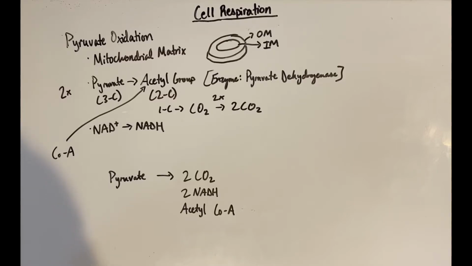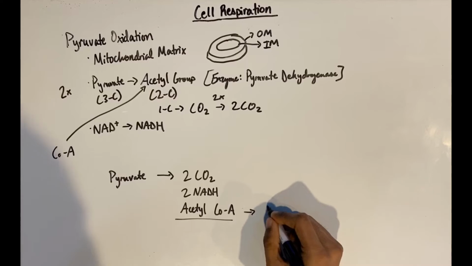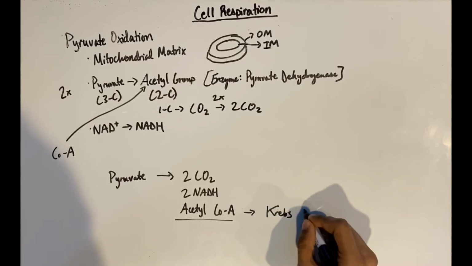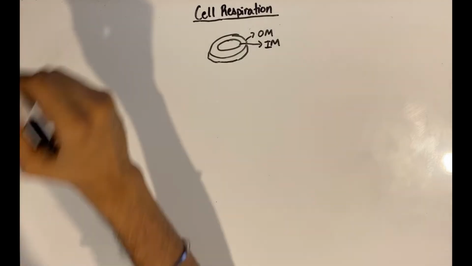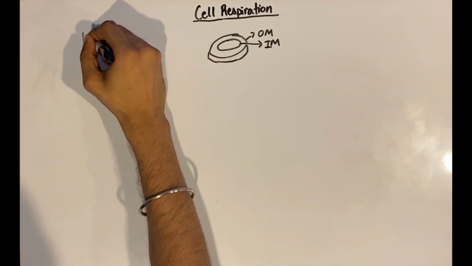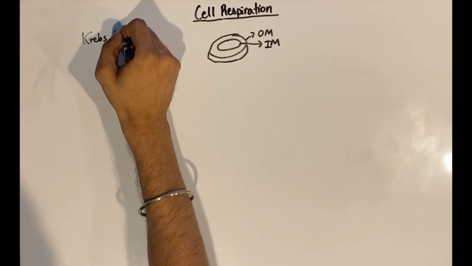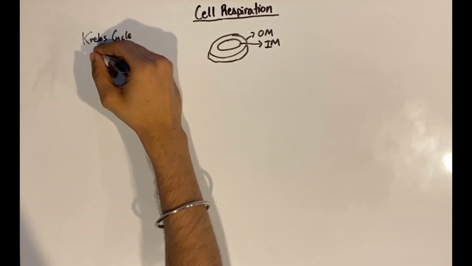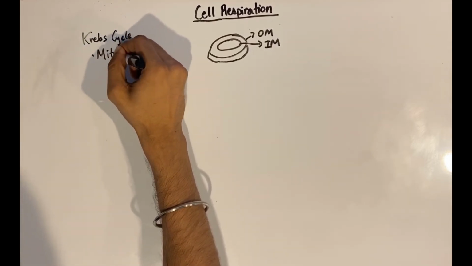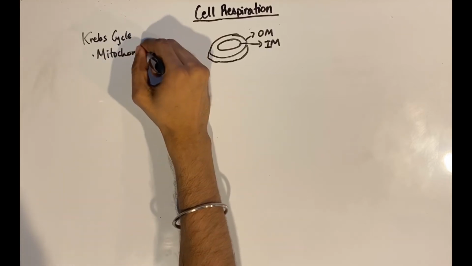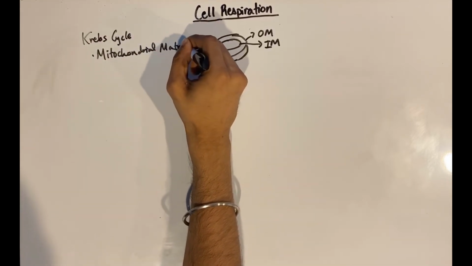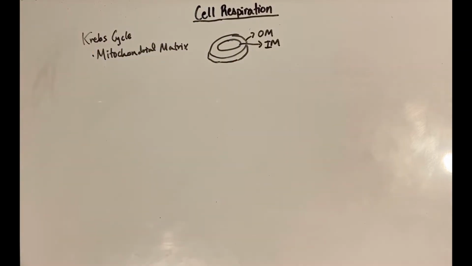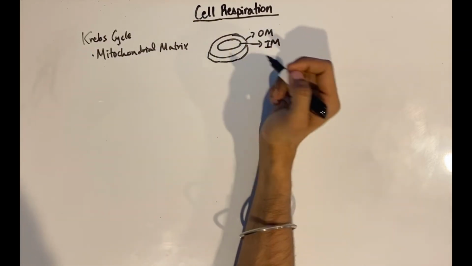And now that we have acetyl-CoA, we can finally start the Krebs cycle. So, as acetyl-CoA is produced, we then begin the Krebs cycle. And just like pyruvate oxidation, this occurs in the mitochondrial matrix, which is the inner portion of the mitochondria.